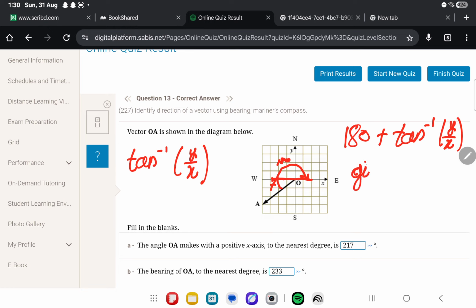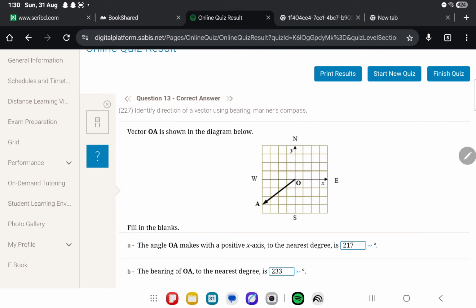Provided that the vector is making an angle with the negative x-axis, not theta, with the negative x-axis. Okay, so to recap, I'm going to recap this again because I know it was a bit confusing.